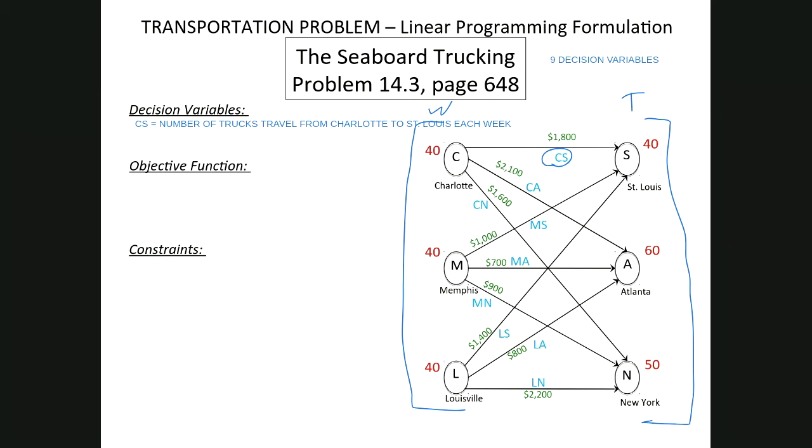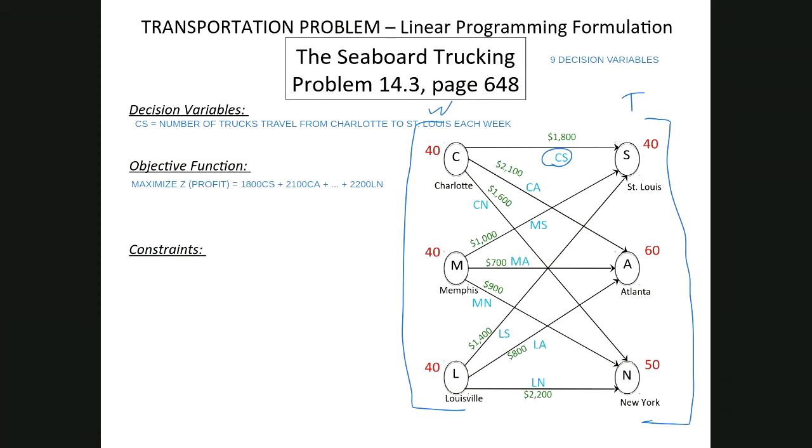And that's going to be, first of all, 1,800 times our decision variable CS plus 2,100 times our decision variable CA plus so on and so forth, all the way until we get to plus 2,200 times LN, which is our last decision variable, furthest to the bottom. The objective function has 9 different terms.